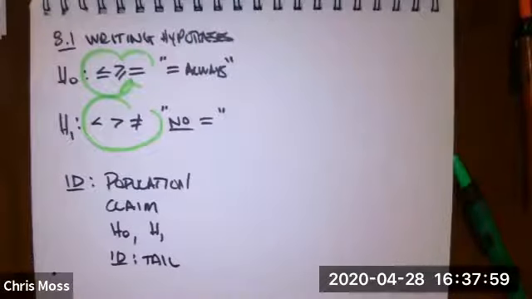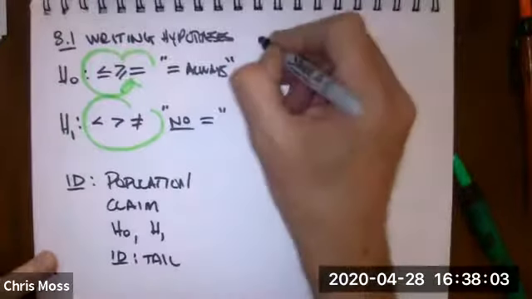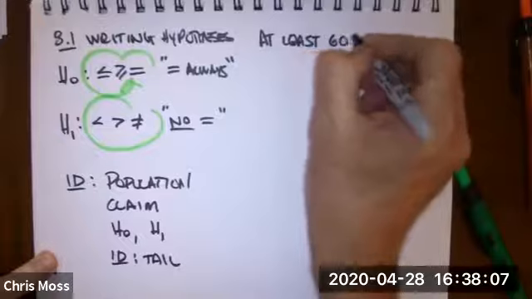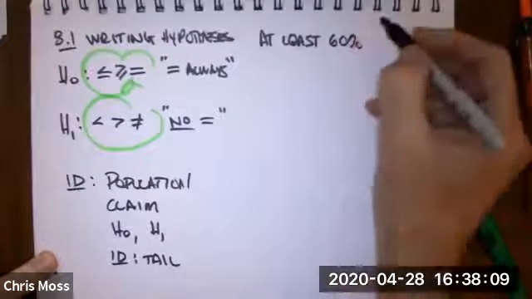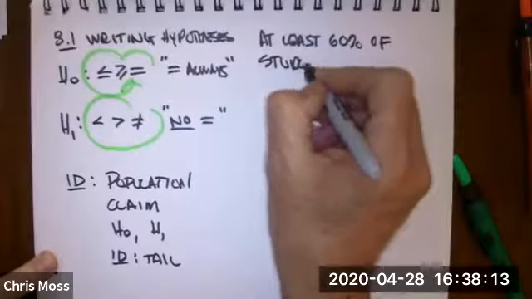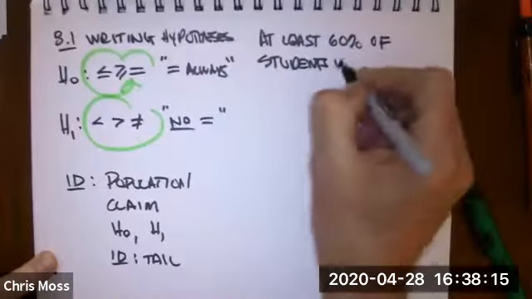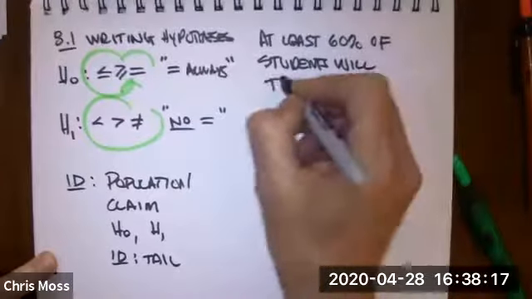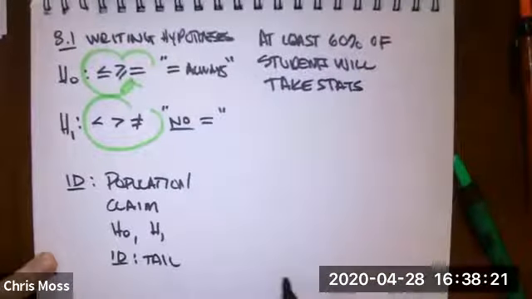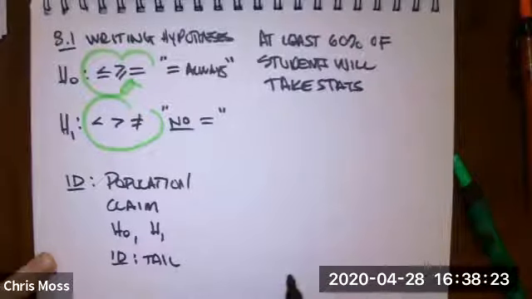So I got a couple of examples here. The first example looks something like this. At least 60% of students will take stats. All right, so that is a claim about students. Students everywhere, here, there, everywhere.